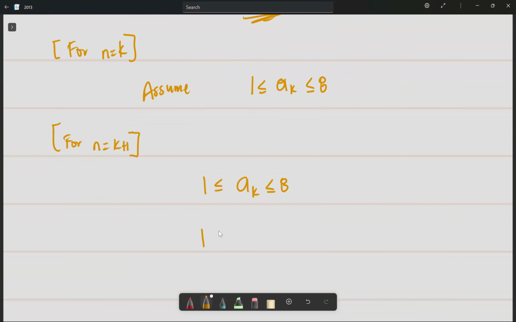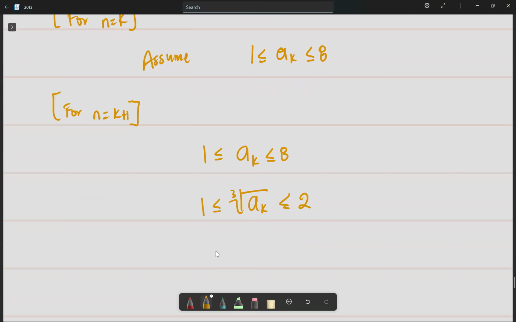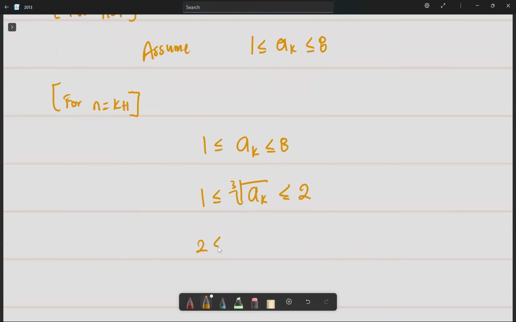The next thing we're going to do is take the cube roots. So that's 1 is less than the cube root of a k. The cube root of 8 is 2. We're then going to multiply it by 2 to get 2 is less than or equal to 2 times the cube root of a k, less than or equal to 4.